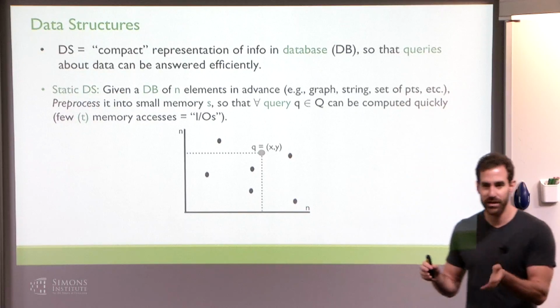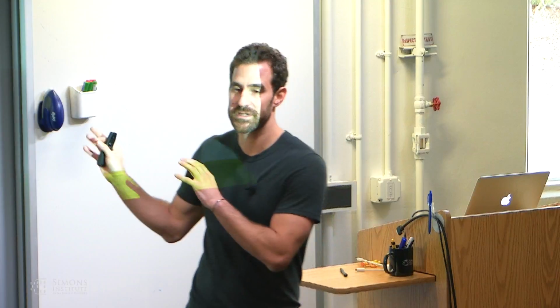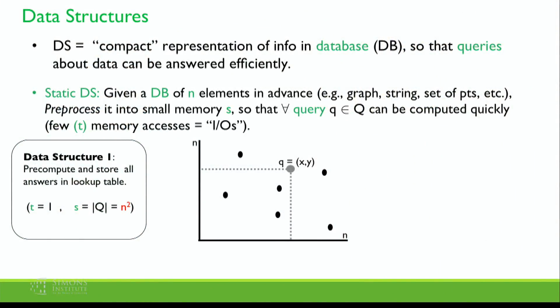So let me save you the marketing pitch for why this problem is important. Amazon needs to solve this problem on a daily basis. And this is a really fundamental problem in computational geometry and databases.